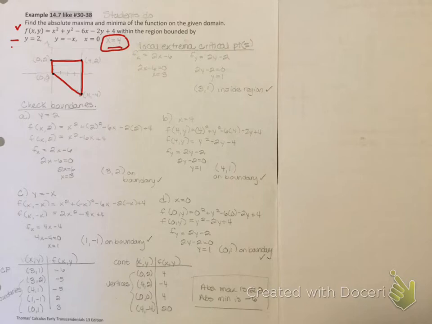So the first step is to find the local extrema. You do your first partials with respect to x and y, and you get the point (3, 1). Is that point inside the region? The answer is yes, it's located right about here. So you're going to need to check that value. Alright, when we check the boundary y equals 2, you plug a 2 in place of any y's in this equation.